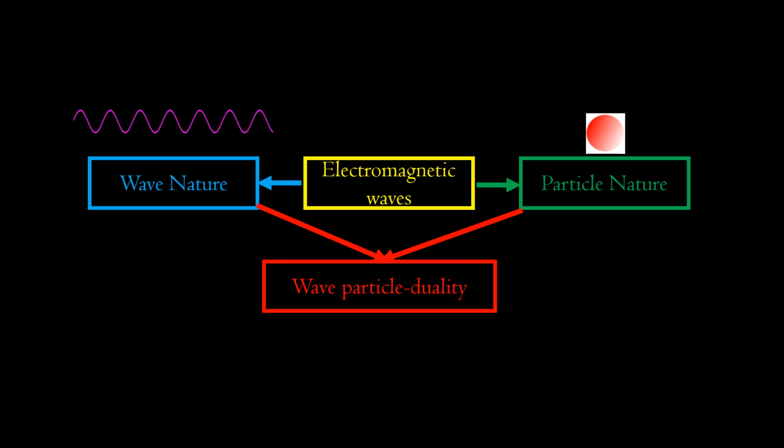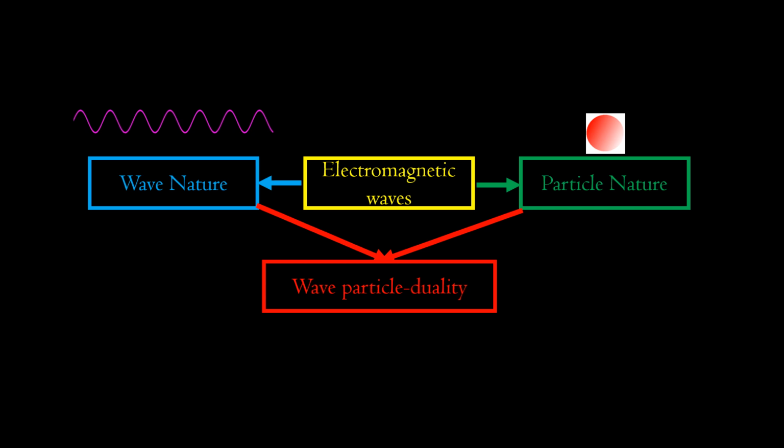However, if you are performing a particle type experiment, the electromagnetic radiation will show its particle nature. One cannot test the wave and the particle nature of electromagnetic waves at the same time.